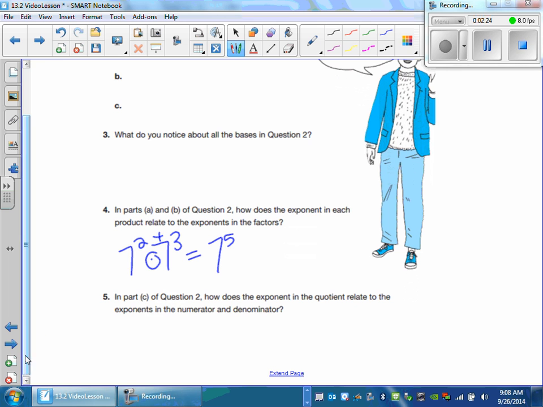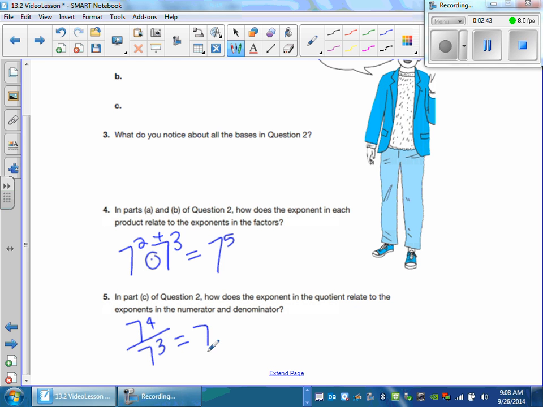On question 5, they ask, how do the exponents in a quotient relate? In this case, if you have 7 to the 4th power over 7 to the 3rd power, you would subtract your exponents.